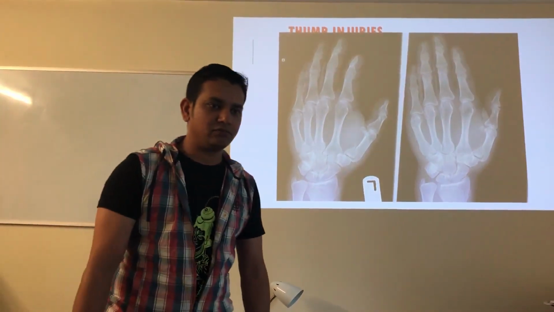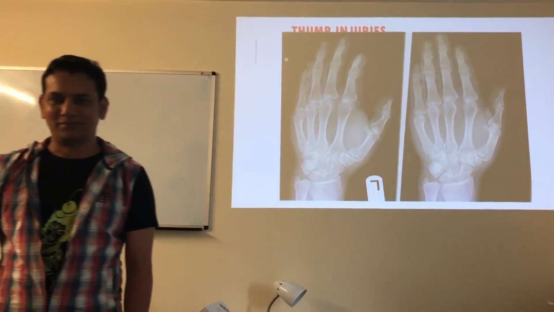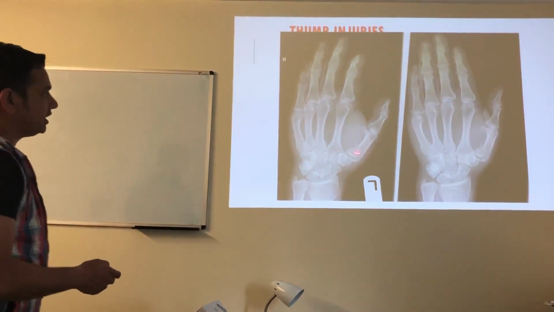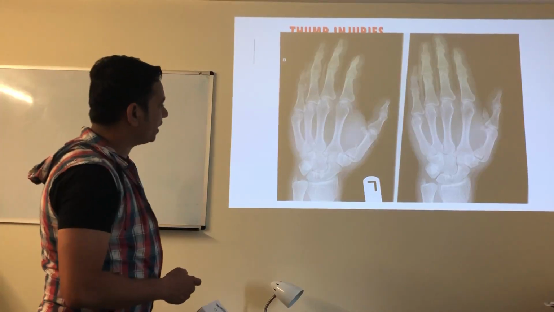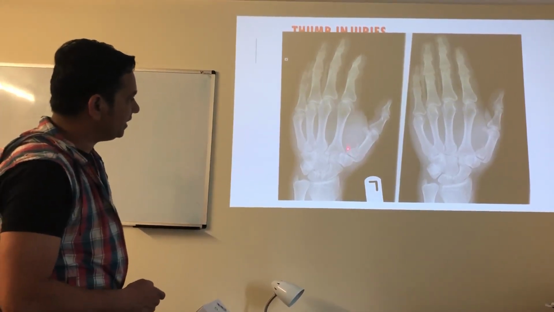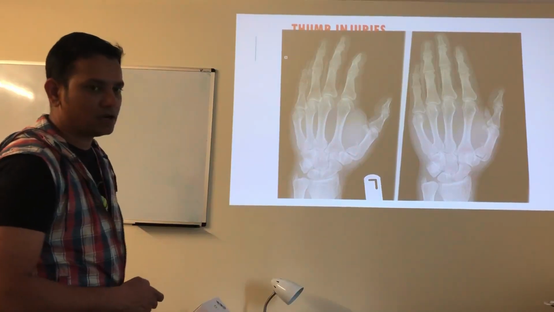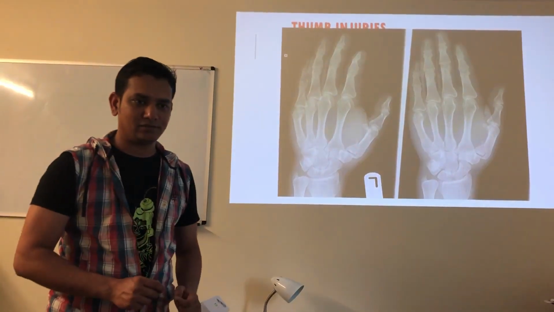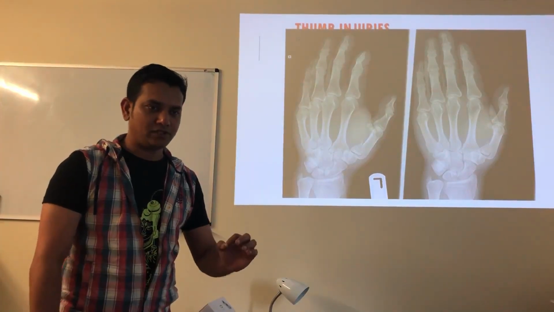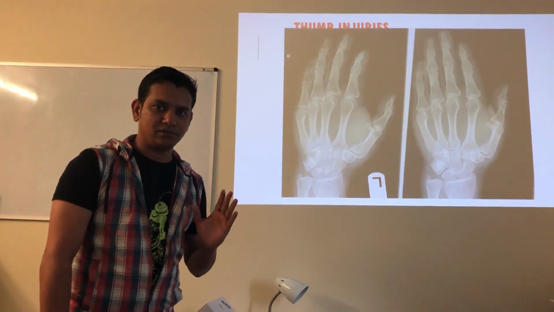What is base of thumb fracture? So it is a cortical disruption or a fracture in the proximal part of the left thumb metacarpal. That's the complete answer. Proximal left thumb metacarpal. Okay.